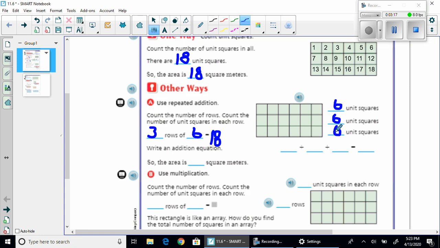I have 3 rows of 6. So down below, I'll put it into an equation. I have 6 in my first row, 6 in my second row, 6 in my third. So 3 groups of 6, as we said earlier, is 18. Okay, so the area of this rectangle would be 18 square meters.